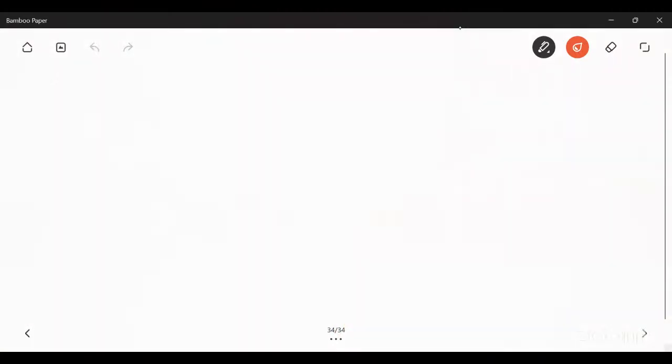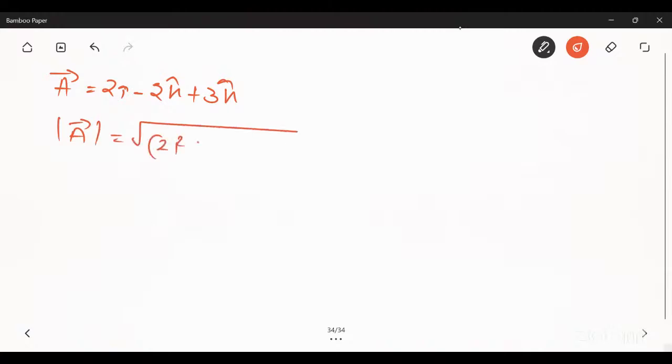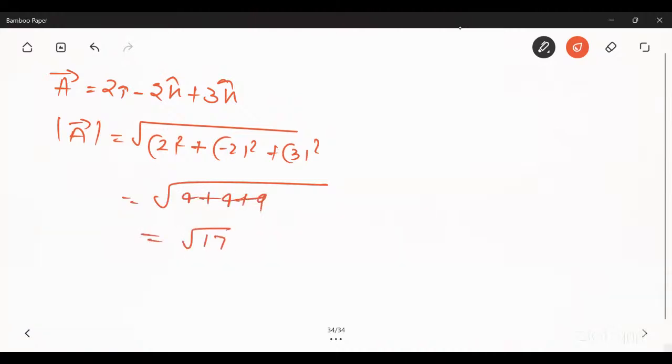Simply see the example. Suppose A vector equals 2i minus 2j plus 3k. If you find the magnitude, mod A, you will get the square root of 2 whole square plus (minus 2) whole square plus 3 whole square, which is the square root of 4 plus 4 plus 9, so 8 plus 9 is the square root of 17. Now you have to find 3A vector. 3A vector means multiply all the terms in A by 3.